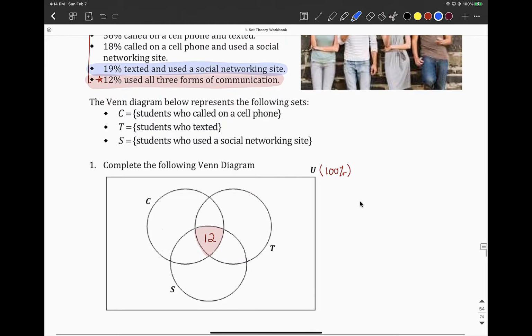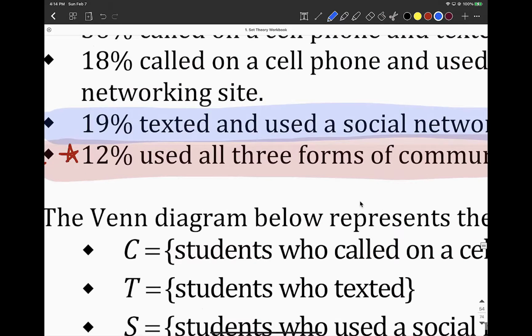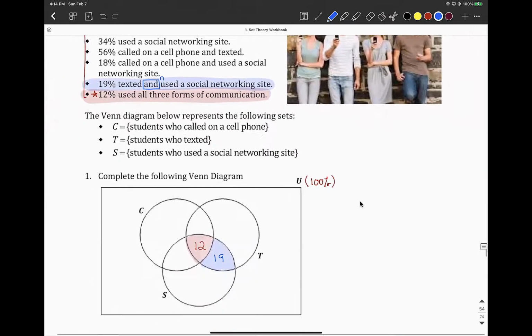And you might immediately get misled that that's this region where texting and social media intersect, and you might be tempted to just put 19 there. It says 19% texted and did social media. Anytime you see this word "and" in logic, that's our intersection. That's the overlap section, and that might seem reasonable.